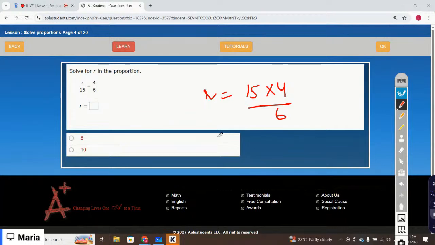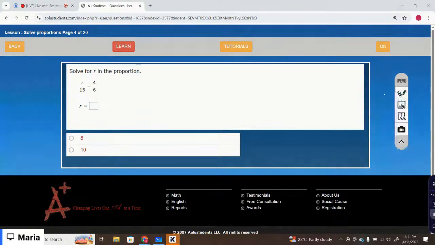That is 10. Option number 2 is the correct option. 10 it is.